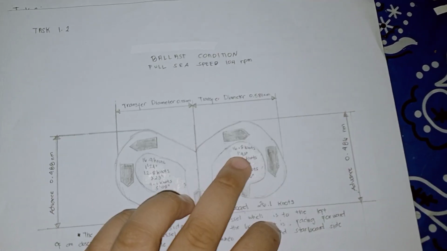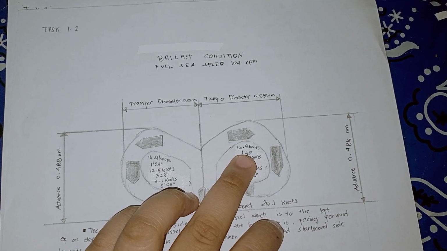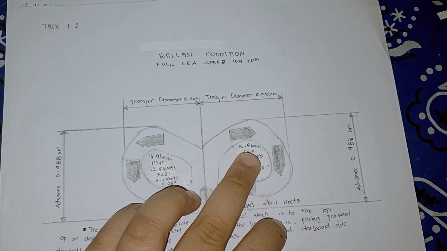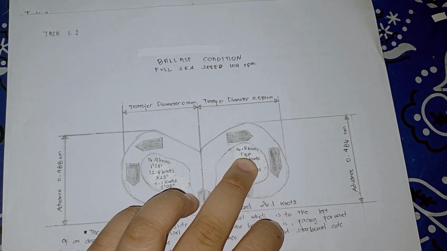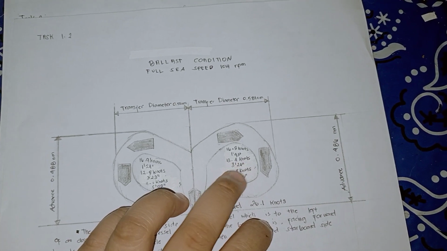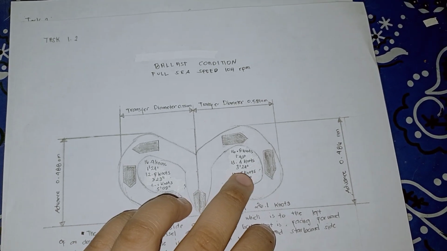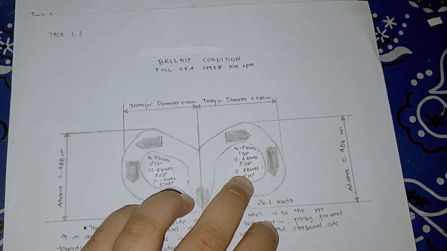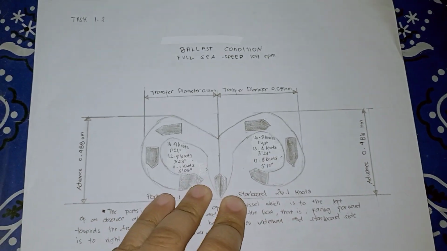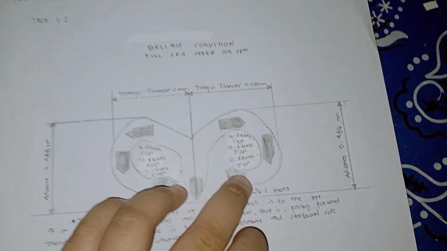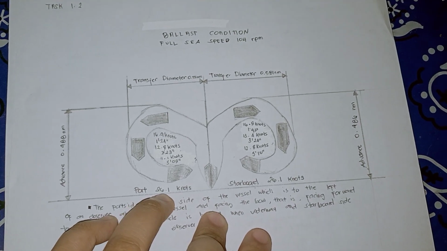And for our advance, 0.486 nautical miles, we have 16.8 knots, 1 minute 43 seconds, 13.4 knots, 3 minutes 24 seconds, 12.8 knots and 5 minutes 10 seconds. So our port is 26.1 knots.